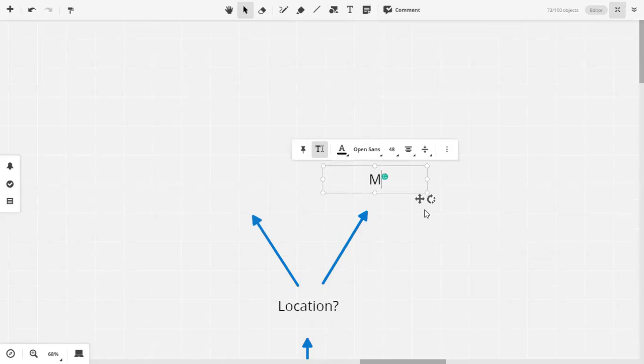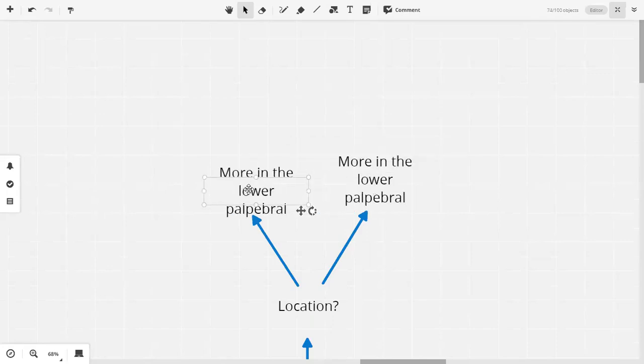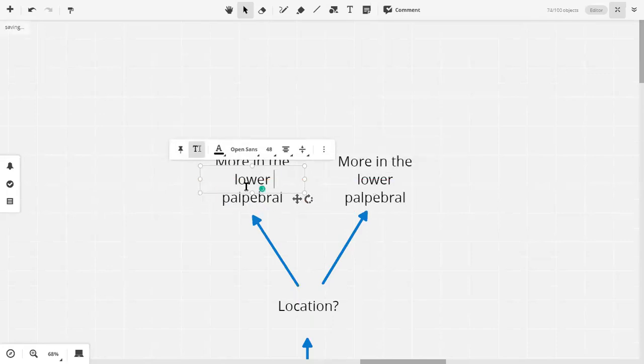If they are more in the lower palpebral conjunctiva, and secondly, if they are more in the upper palpebral conjunctiva.